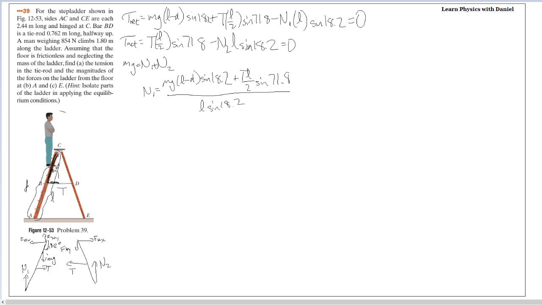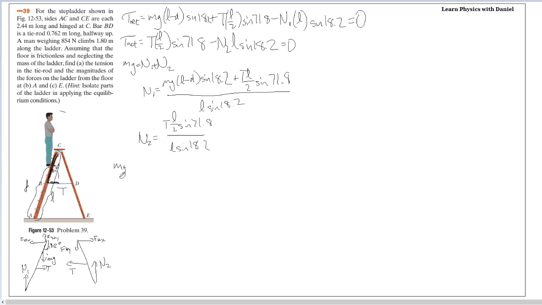So similarly, for N2, we'll add this term over and divide by L sine 18.2 to get that N2 equals T L over 2 sine 71.8 over L sine 18.2. I could cancel the L, but I'm not going to. You'll see why. So now we can plug in these values of N1 and N2 into this equation.